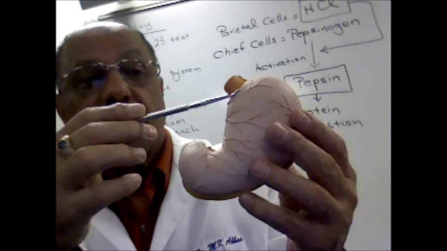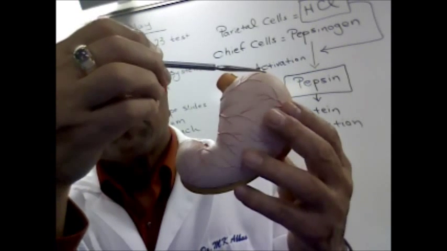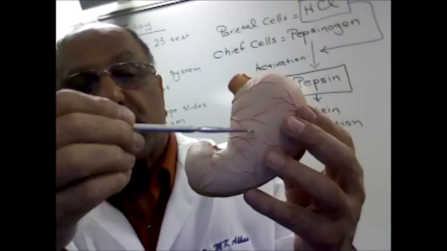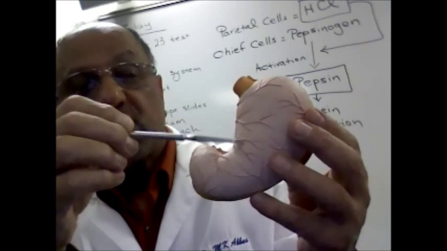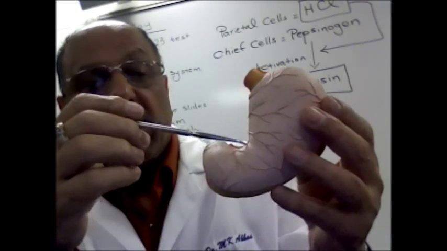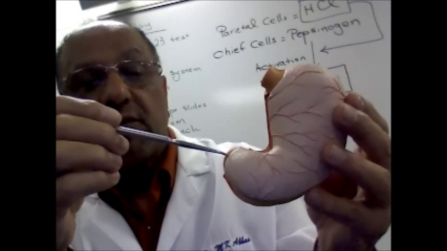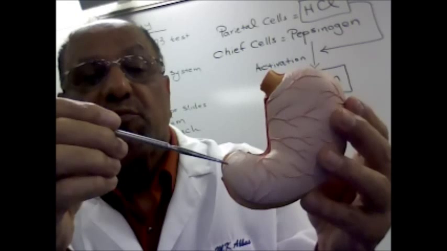Then this elevated area in here that looks like a dome, that's the fundus. And then the largest portion that you see in here of the stomach, that is known as the body of the stomach. And then the narrow area at the end of the stomach in here, this is known as the pylorus.